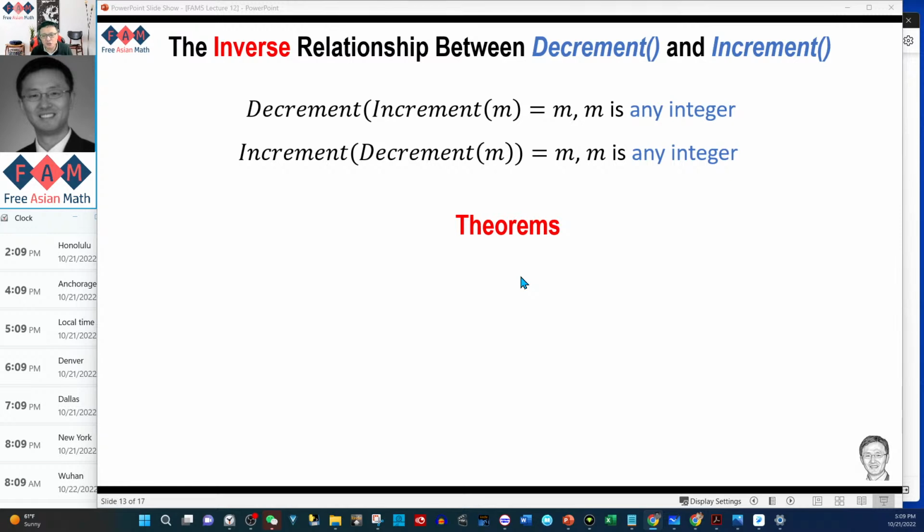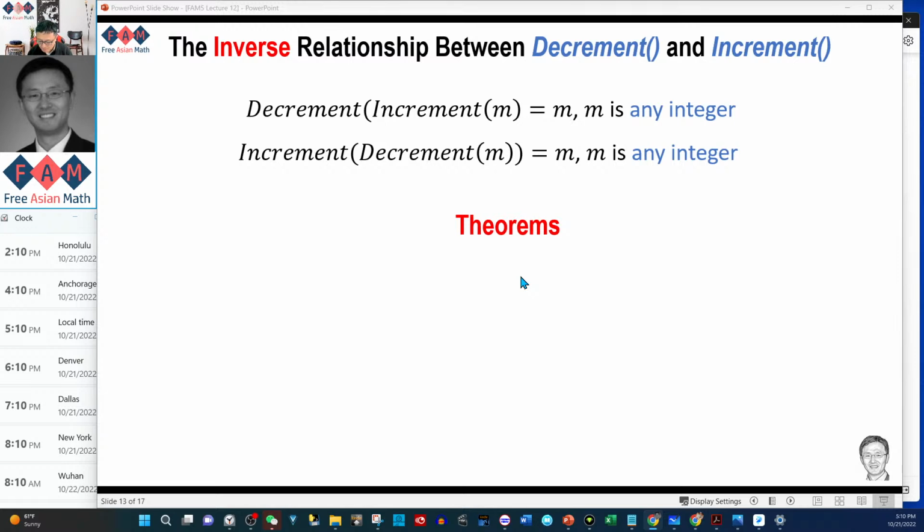It can be any integer on the number line, no matter where you start, on the right-hand side or left-hand side. As long as you are doing increment and decrement paired together, in either order, decrement first or increment first, doesn't matter, they flip back to the same original input number. Okay, this is what we just saw.